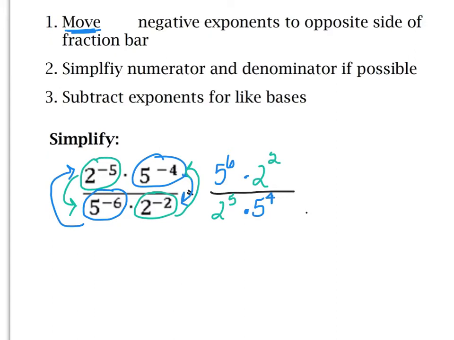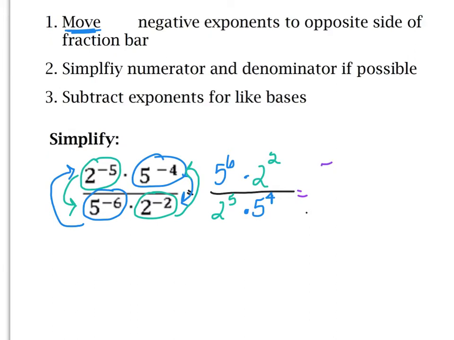Now, if it helps you, because if you remember from the other week, I cannot combine and add and subtract exponents with unlike bases. Think about combining like terms. If it helps you to rewrite this so that your like terms are lined up, you can do that.